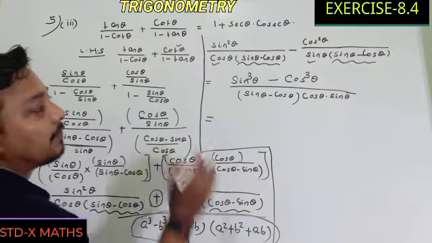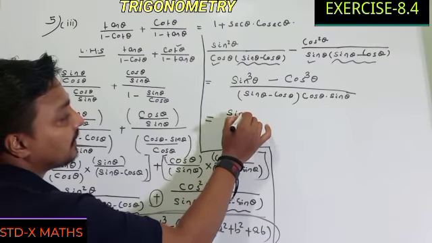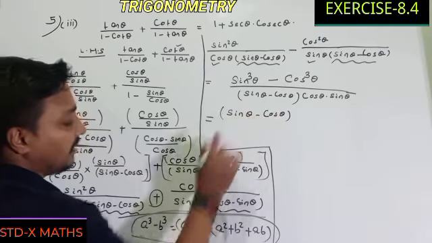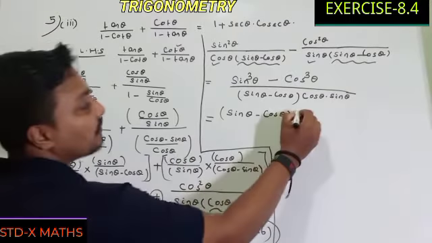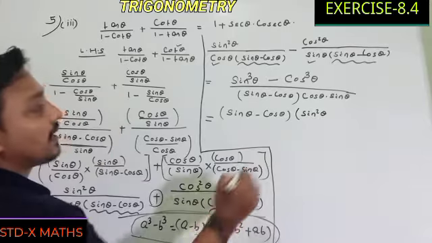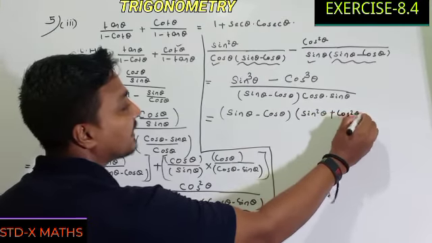So here I am arranging it directly. A minus B means sin theta minus cos theta, which is already arranged. Then a square means sin square theta, and b square means cos square theta.